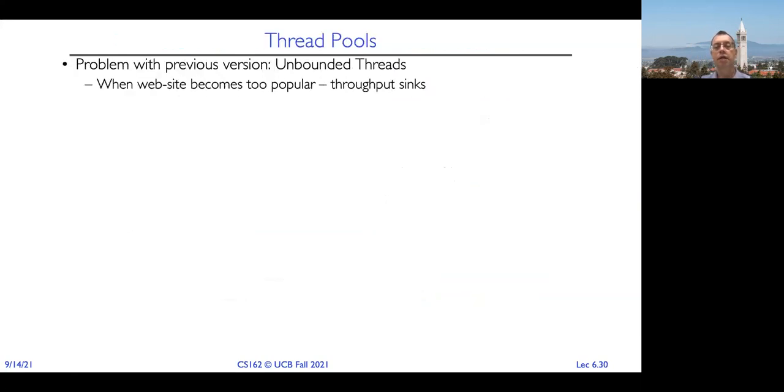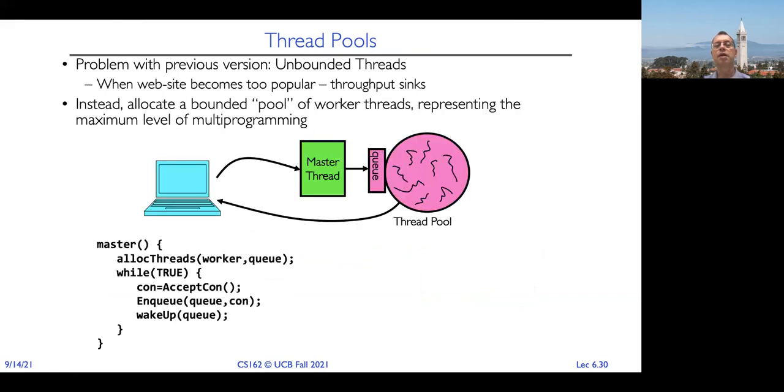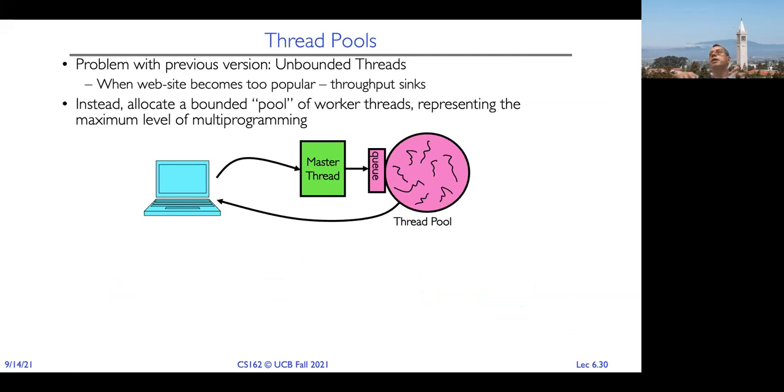What is the solution here? Well, the solution here is to create what is called a thread pool. So you create a bunch of threads, say 100 threads, which means that at a given time, you can talk concurrently with 100 clients. What if there are more than 100 clients?